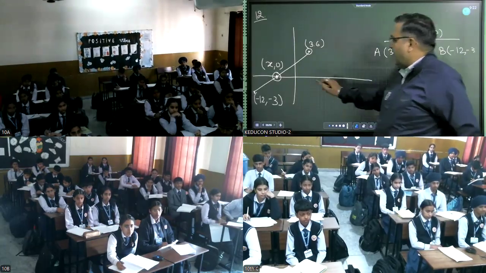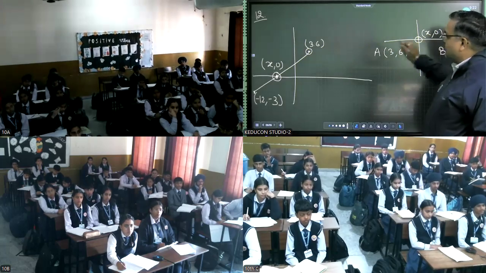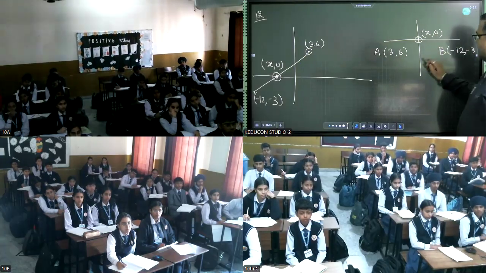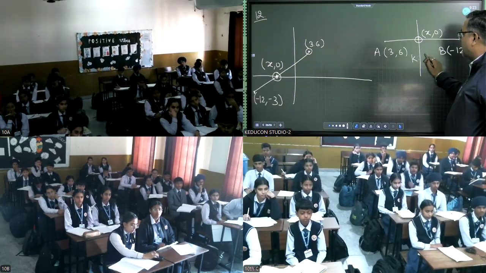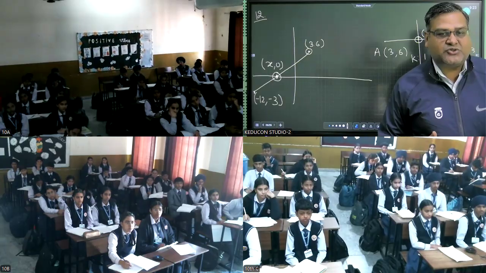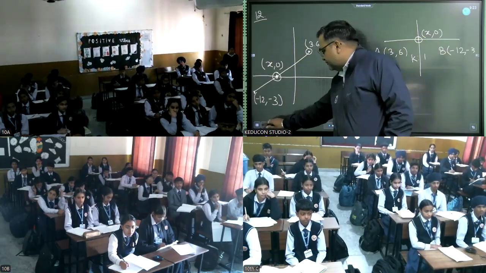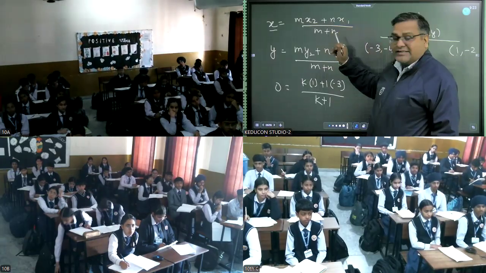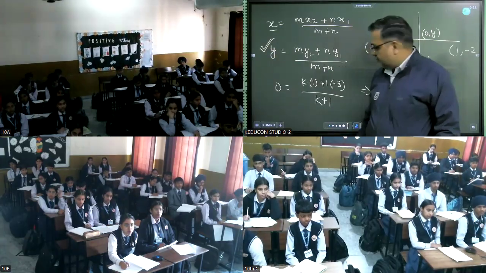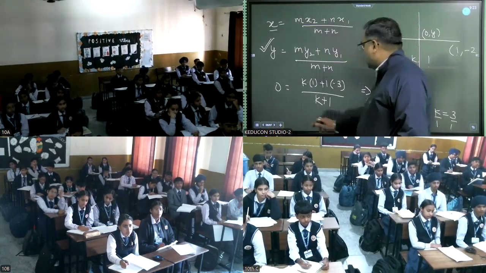Now you have the y coordinate as 0, right? Now let the ratio be k is to 1. Whenever you have to find the ratio, please take the ratio as k is to 1. Now apply the section formula which I have explained to you. Now since its y coordinate is 0, apply this formula.